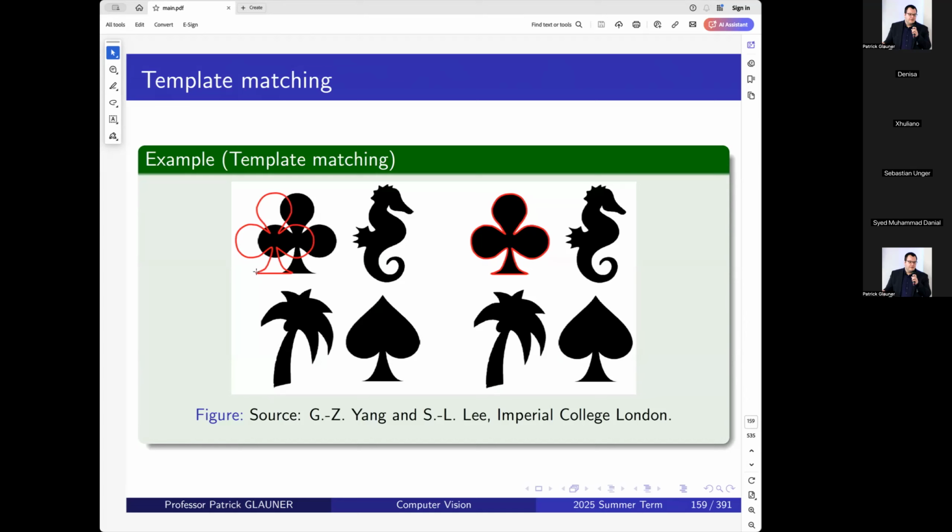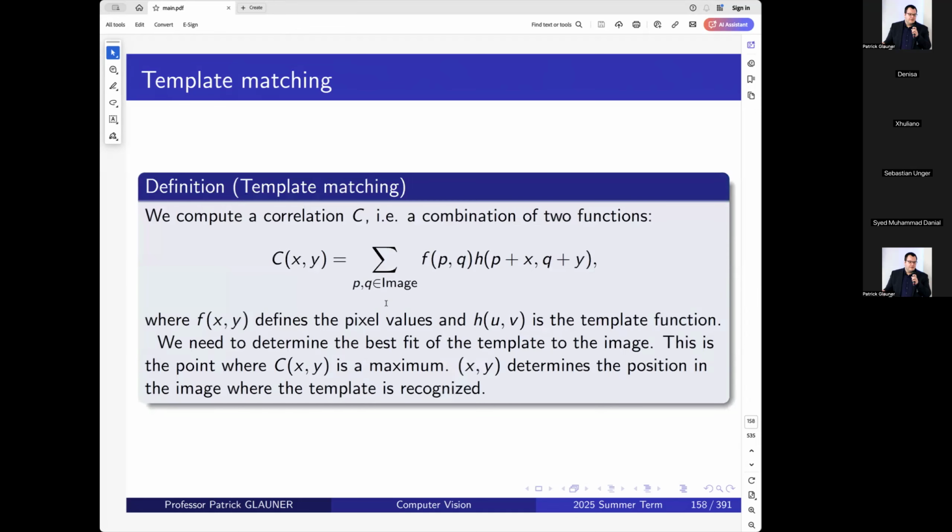We could move this template pixel by pixel on the X and Y axis through this image. When there's a huge overlap between the template and the object in the image, we would be very happy. We're trying to figure out where the template matches the image.